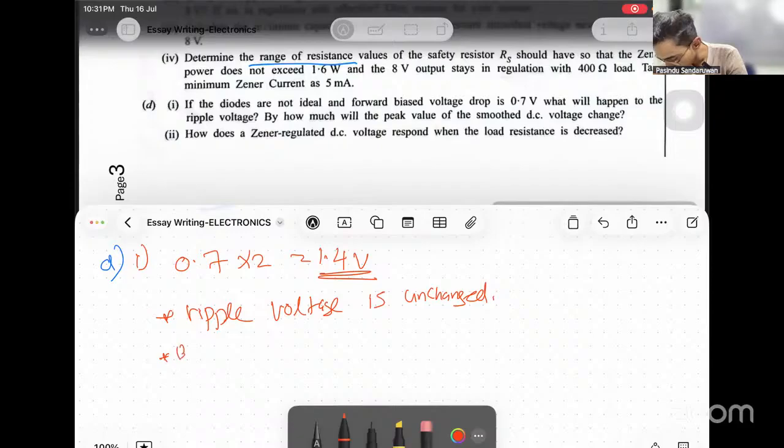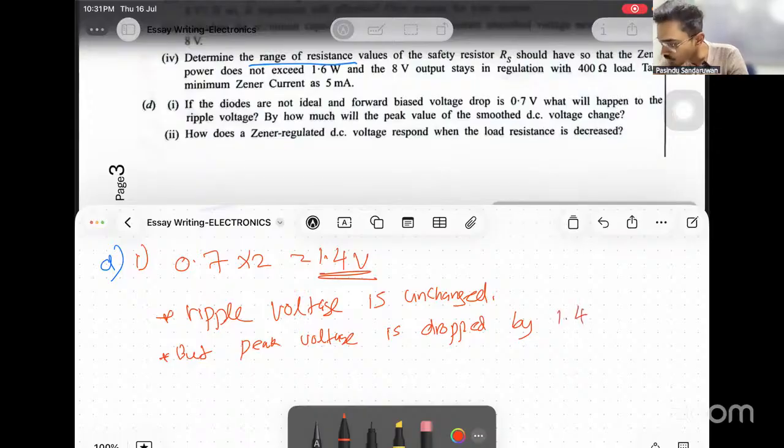But the peak voltage is dropped by 1.4 volts.